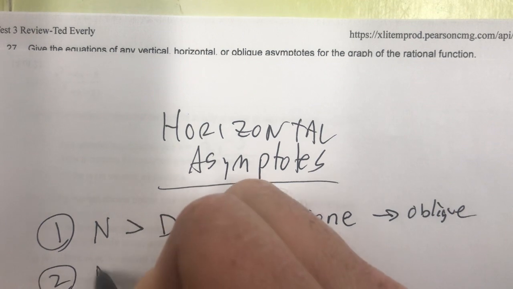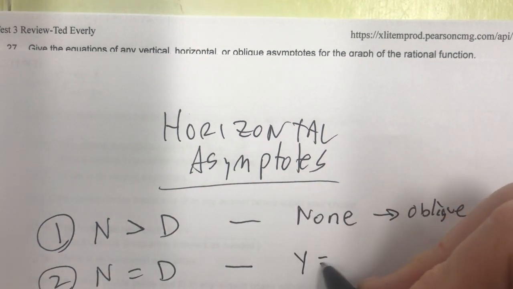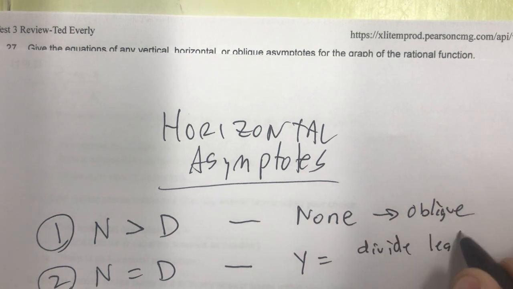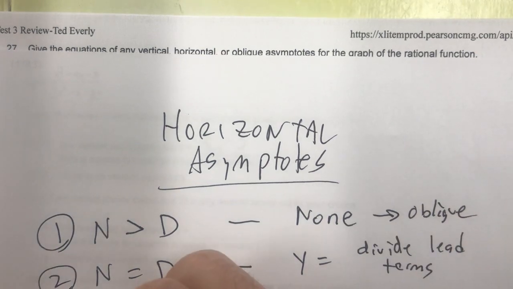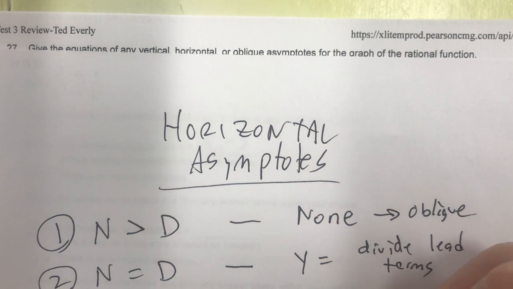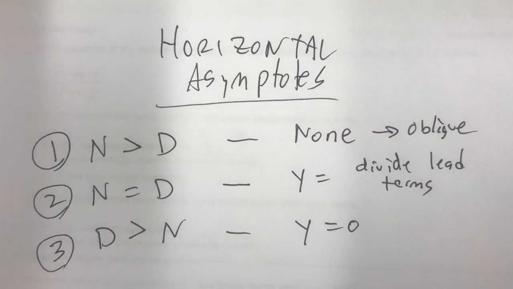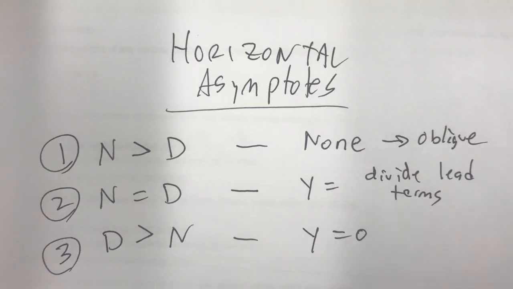Number 2, if the numerator is equal to the denominator, then y equals the ratio of the lead terms, so you divide the lead terms. And number 3, if the denominator is greater than the numerator, then automatically y equals 0. So these are the 3 cases that you have for horizontal asymptotes.